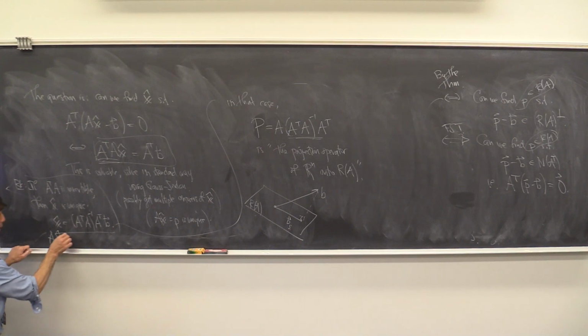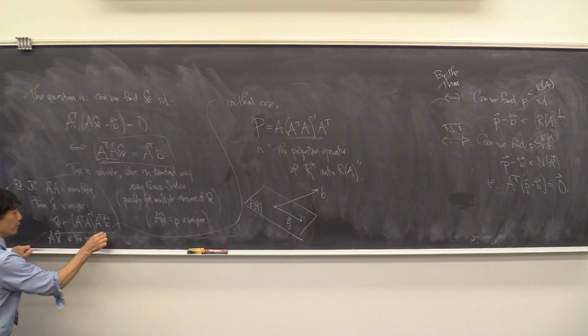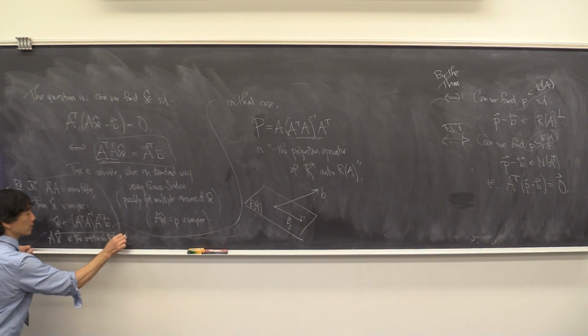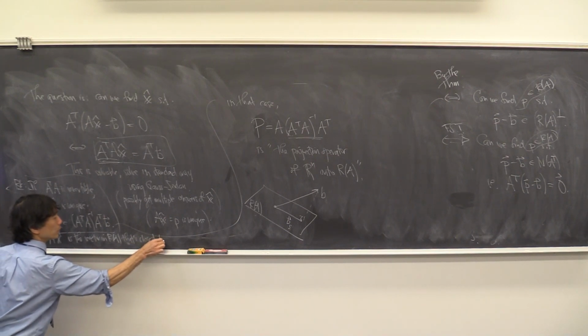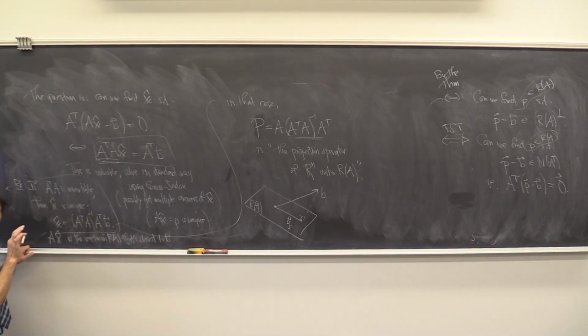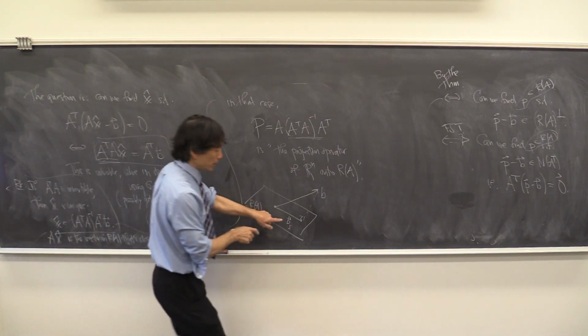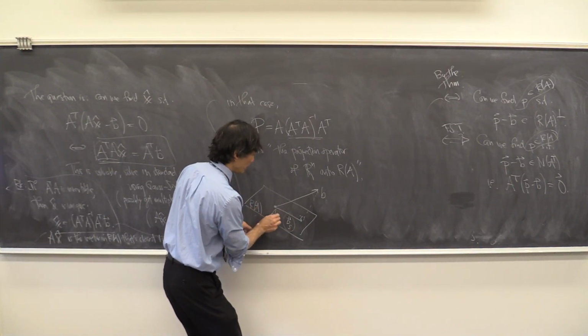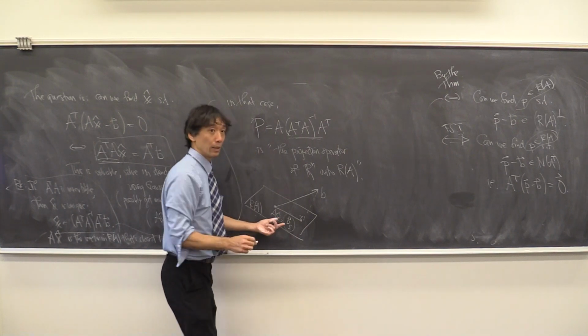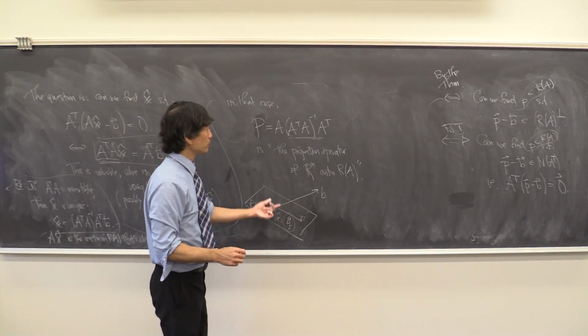It's the vector in the range of A that's closest to b. In other words, it's this guy here. This is going to be the A x hat.